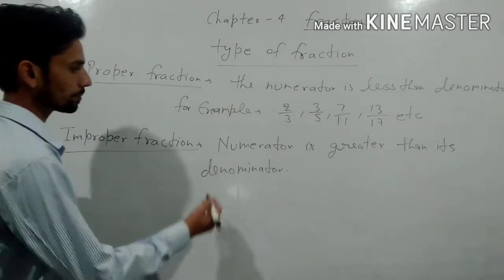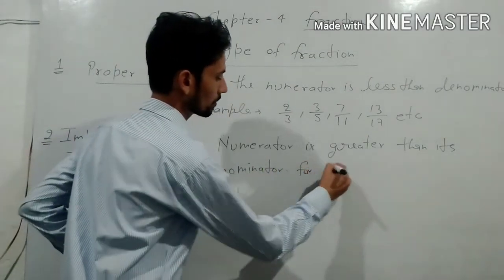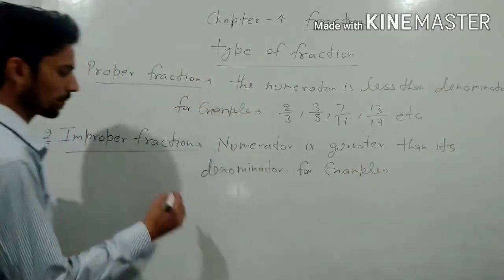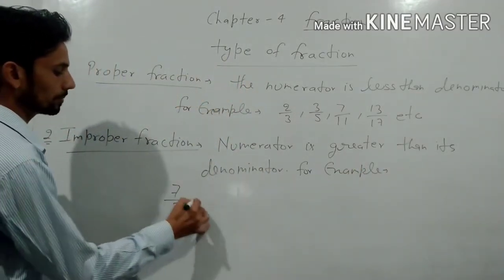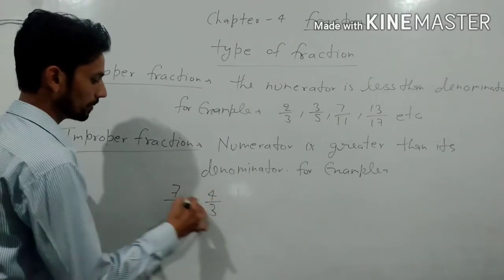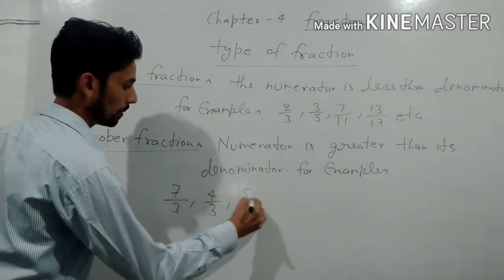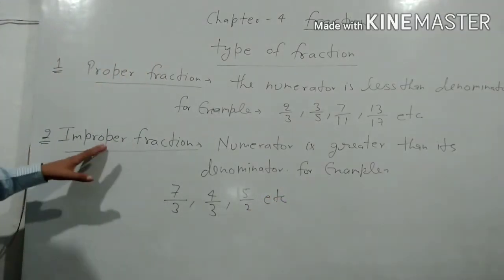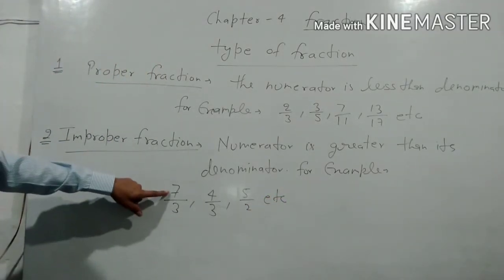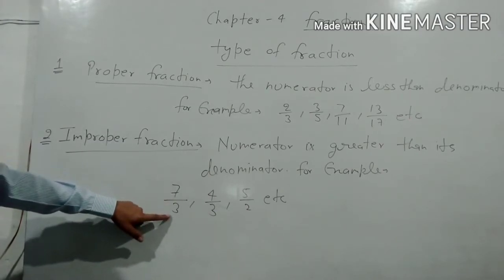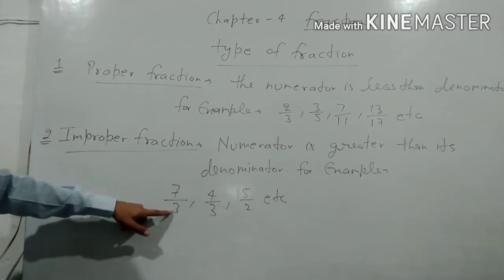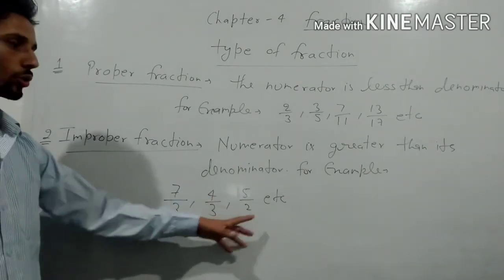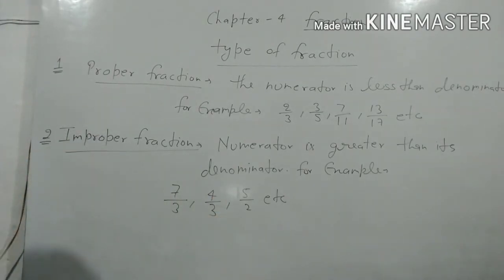For example, 7/3, 4/3, 5/2, etc. In an improper fraction, numerator is always greater than the denominator. 7 is greater than 3, 4 is greater than 3 and 5 is greater than 2. So these are known as improper fractions.